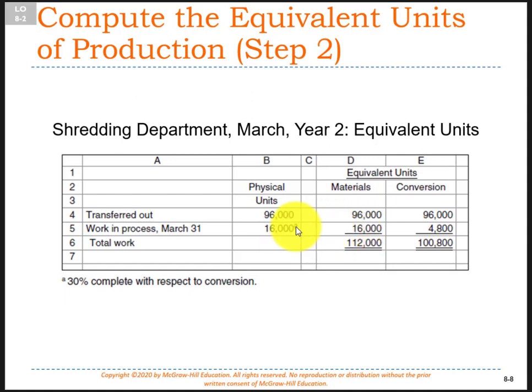So that's all 16,000. But we have only done the work to shred them 30%. So we take the 16,000 and multiply it by that 30%, and we get 4,800. That converts it to an equivalent unit measure.